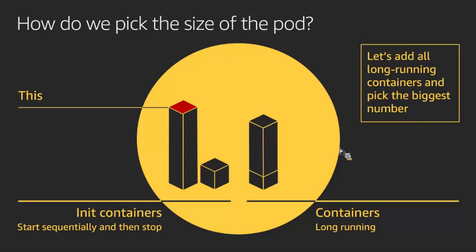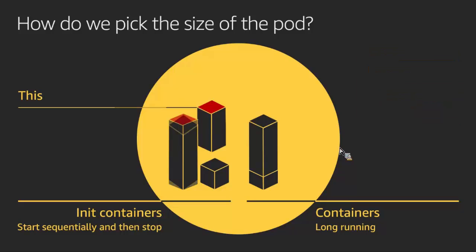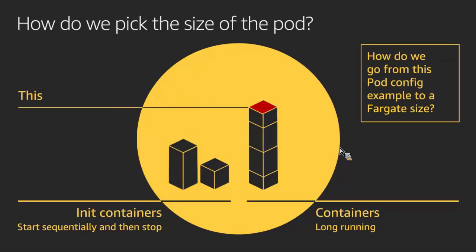In this case, the highest number is one of the requests of one of the init containers, and that is what we take to size this pod. So this, if you will, is yet another example where you have two init containers and four long-running containers. In this case, probably more real life, the aggregation of the long-running containers is what drives the sizing of the pod.